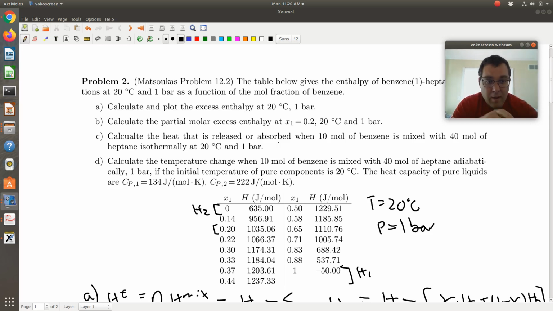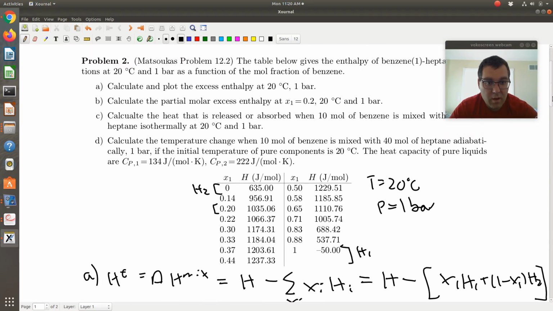Benzene is component 1, so N1 is 10, and N2 is 40. Let's keep track of this.